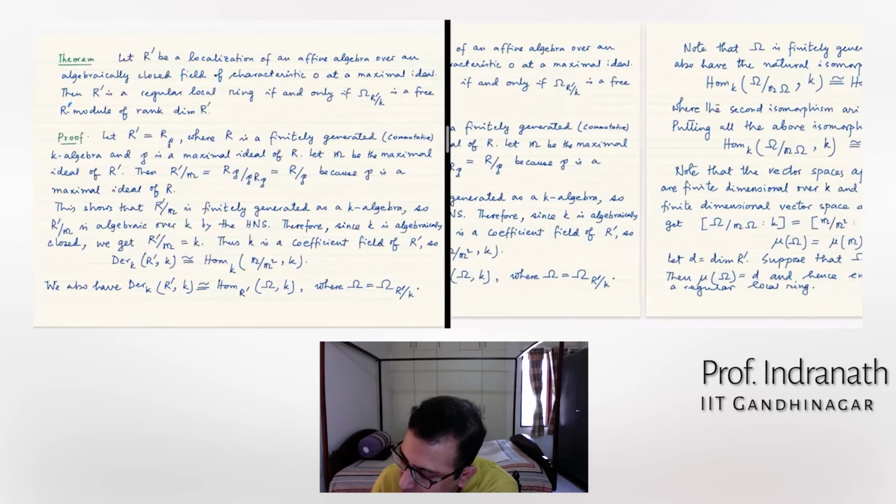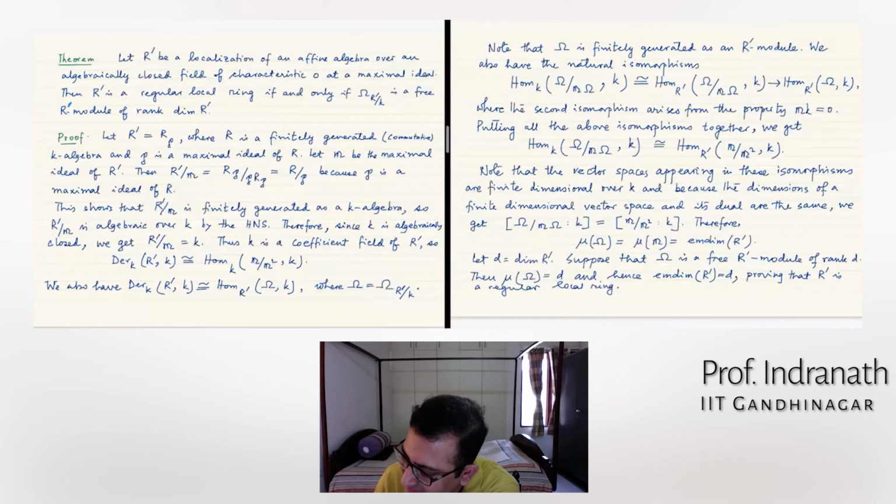Okay, so you already know that this is finitely generated as an R dash module, and also we have these natural isomorphisms from Omega mod M Omega over K to this. You are changing the coefficients from K to R dash, and this is R dash.